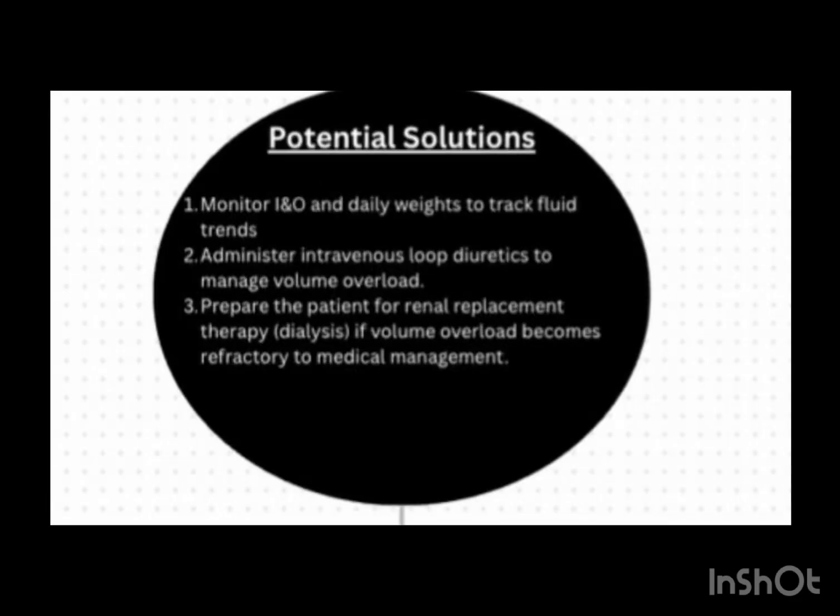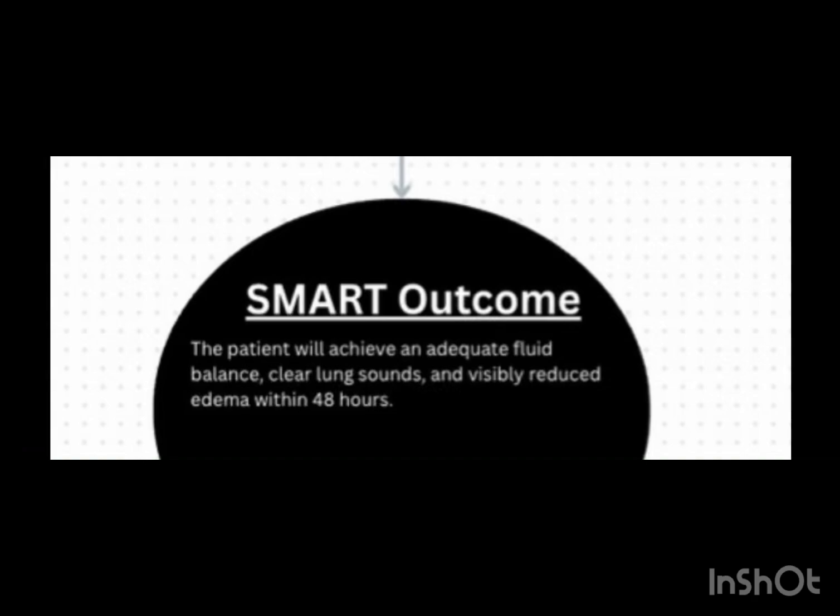So what we need to do for interventions, right, is we monitor intake and output alongside daily weight, administer IV loop diuretics, and prepare the patient for dialysis if volume overload becomes refractory. My SMART outcome that I picked was that the patient will achieve adequate fluid balance, clear lung sounds, and visibly reduced edema within 48 hours.